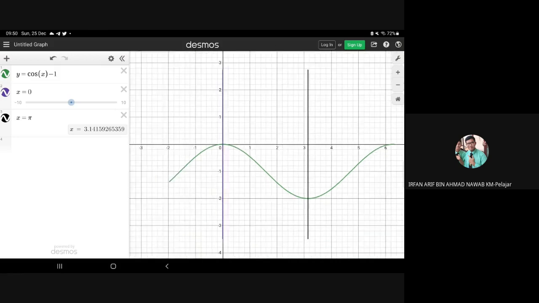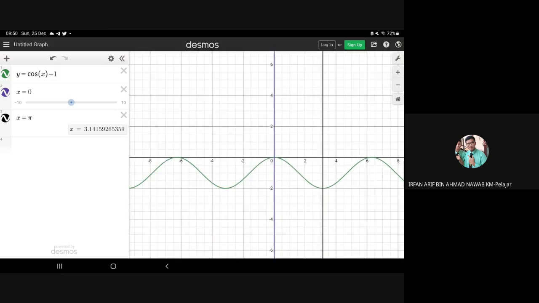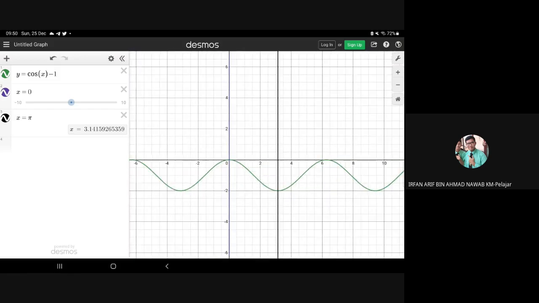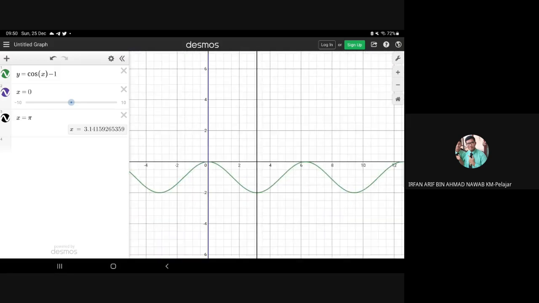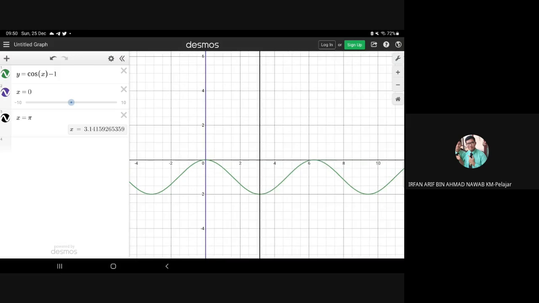But as I can see, since cosine of x and sine of x will always be a consistent, oscillating graph, it's really simple to find the pattern. If you pick a specific range, then the other ranges will be the same.